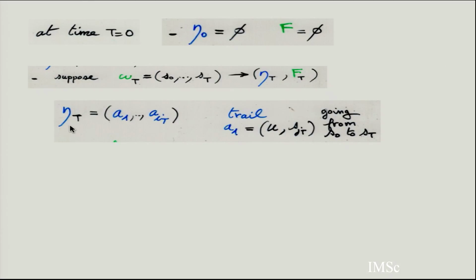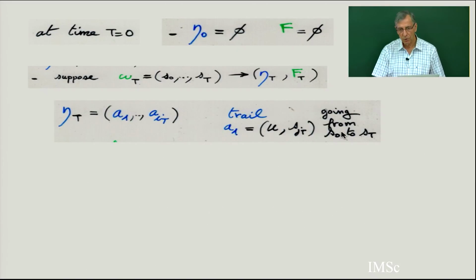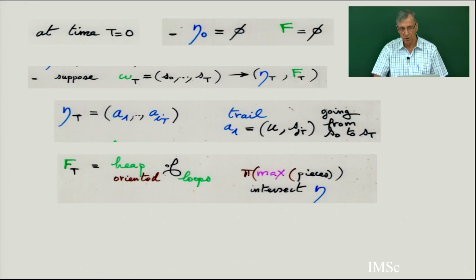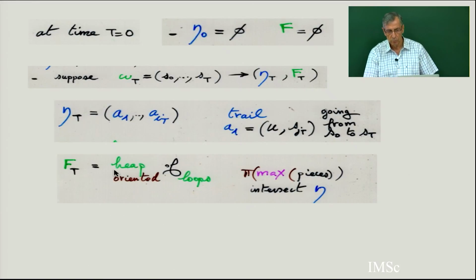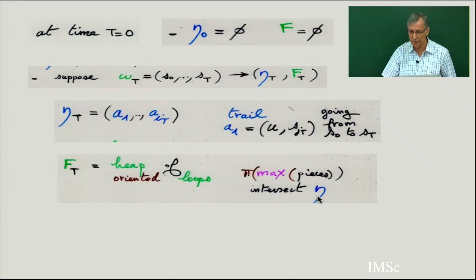Your trail is always starting from a zero and is ending in St, this blue path. And then suppose I have a heap of oriented loops such that the projection of the maximal pieces intersects eta. Same as the usual bijection.